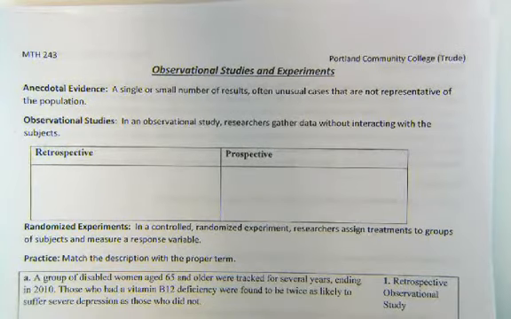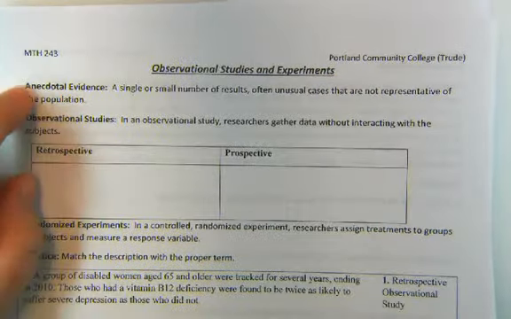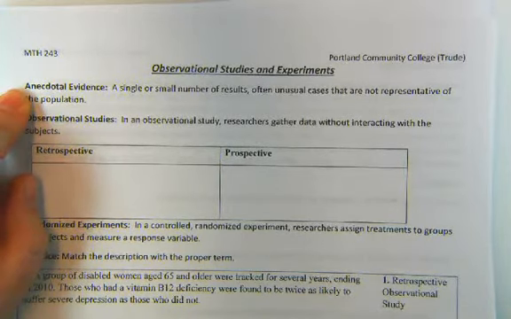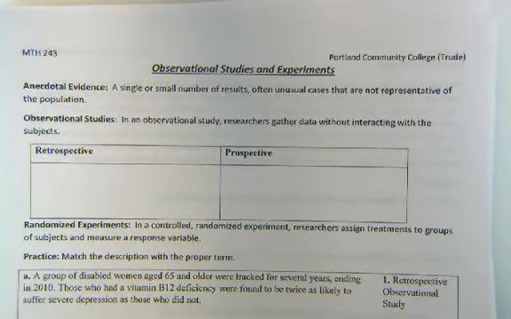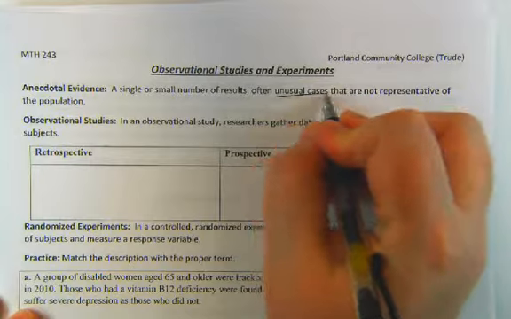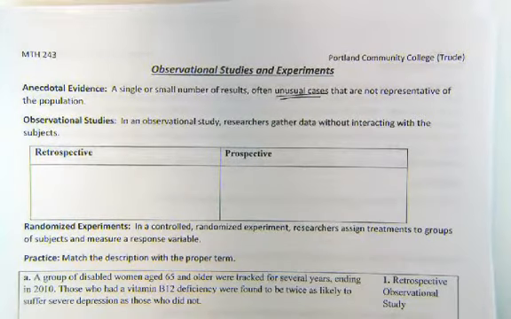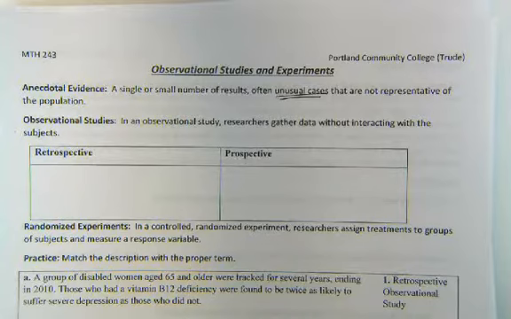One of the quickest ways to collect data is anecdotal evidence, and this is where you just get one or two results. And with that, there's a lot of bias in this, or it often is the unusual cases. So this would be the idea of just one of your friends saying, hey, I took vitamin D and it made me feel smarter.